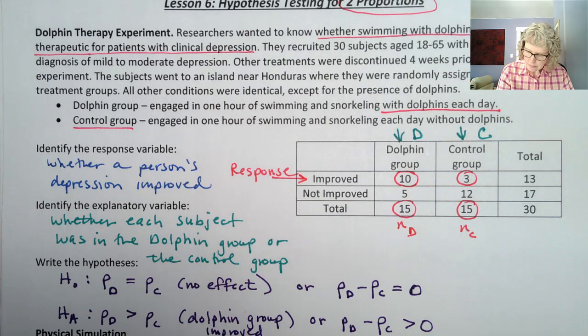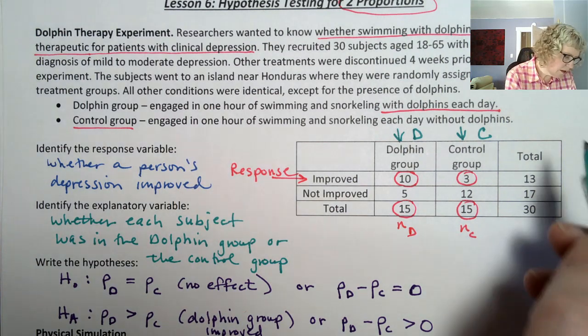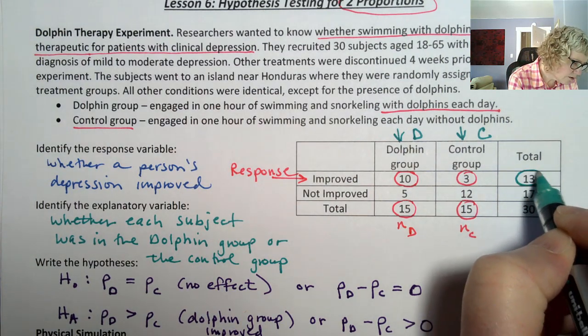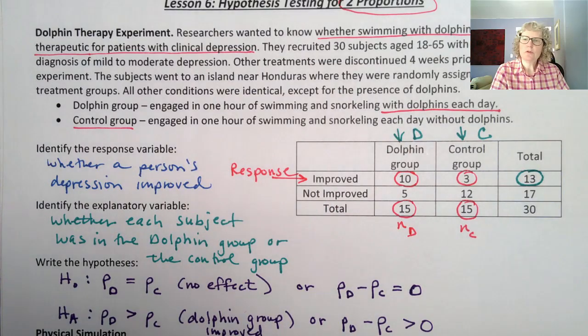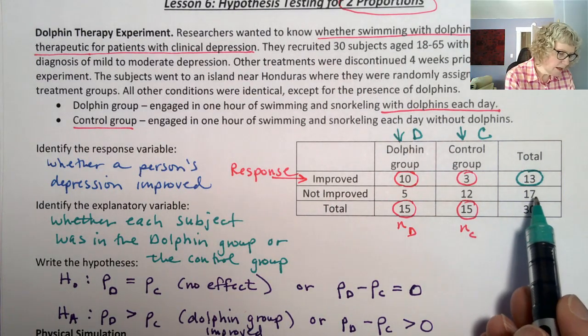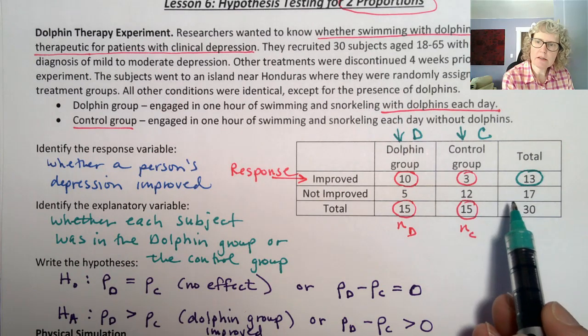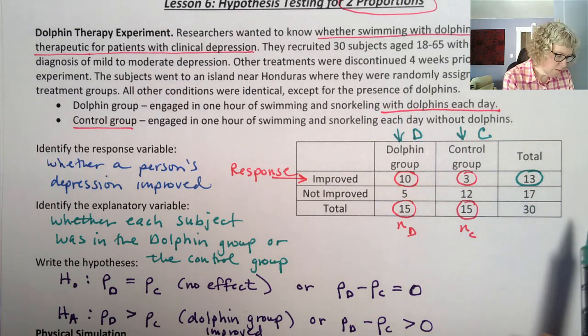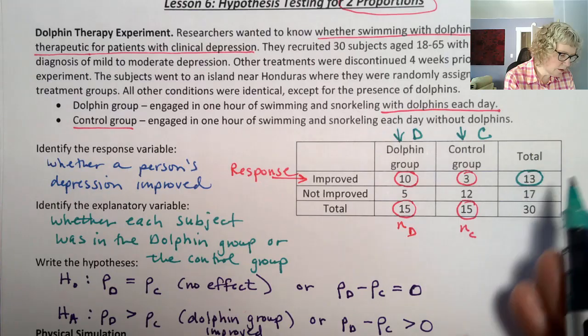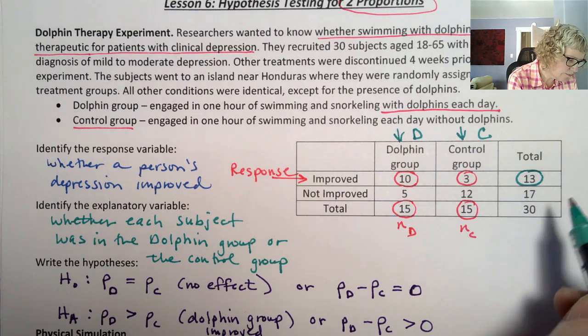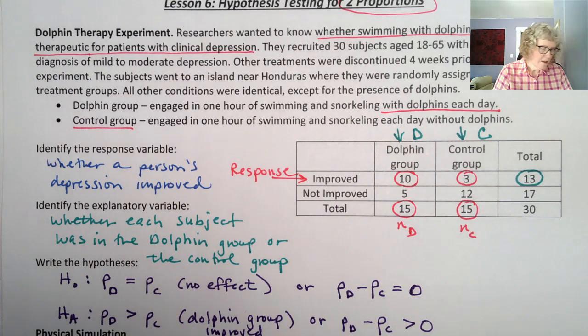Another interesting thing to know is if we look at this total, there were 13 who improved overall, right? And then 17 that didn't improve. So when we set up our simulation here, I'm going to be using the 13 and the 17. I'm not going to circle the 17, but let me show you how this is going to work.